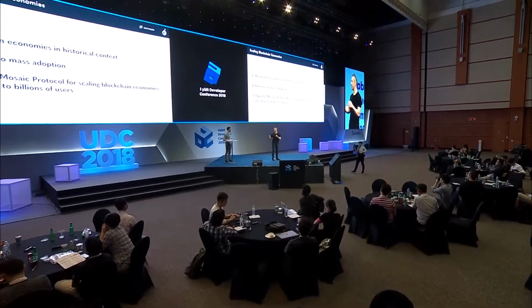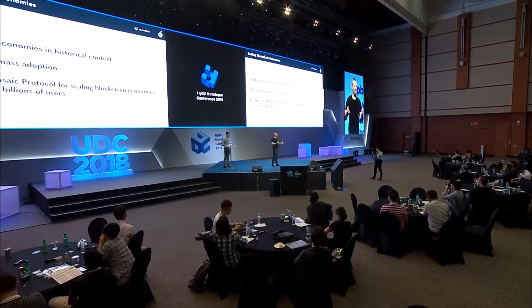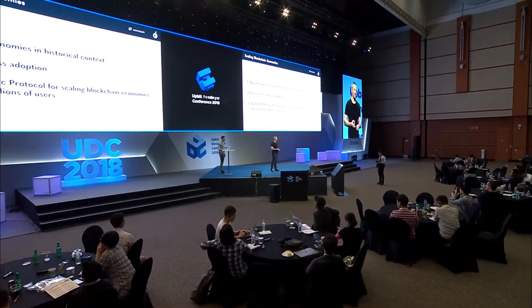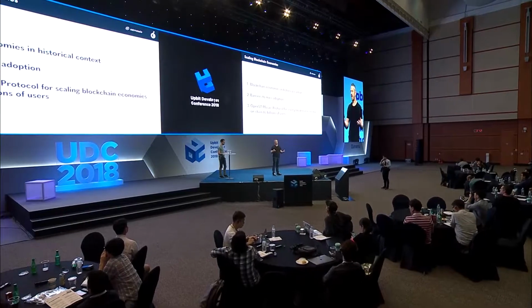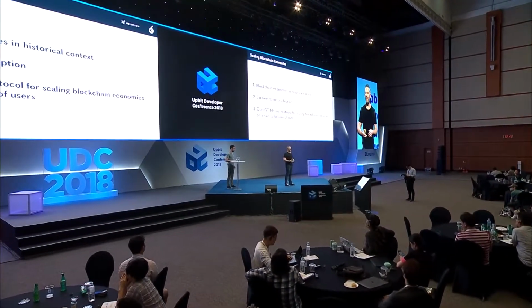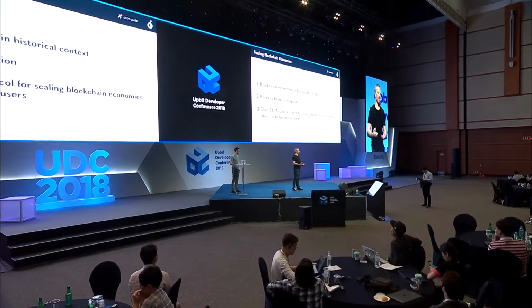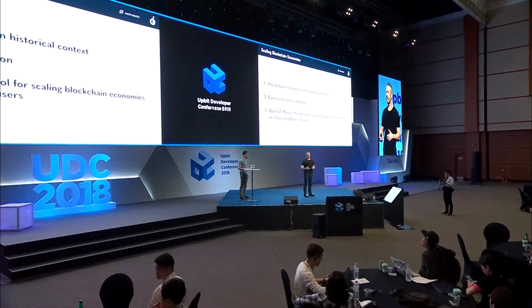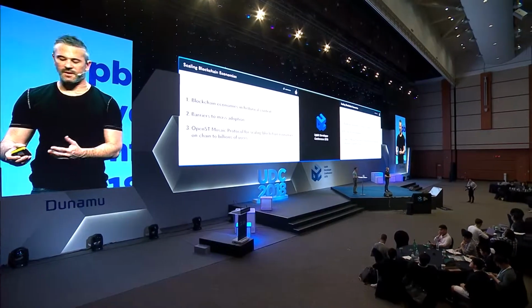And then Ben's going to do a highly technical talk on OpenST Mosaic protocol, how Mosaic is a viable solution for scaling blockchain economies on-chain to billions of users, to tens of thousands of transactions per second. Ben presented the technical details on Mosaic last week, on Friday, at ETH Berlin for the first time. It was received very well by that audience, and we're really out here right now soliciting community feedback so we can strengthen the proposal and bring it out to the market.